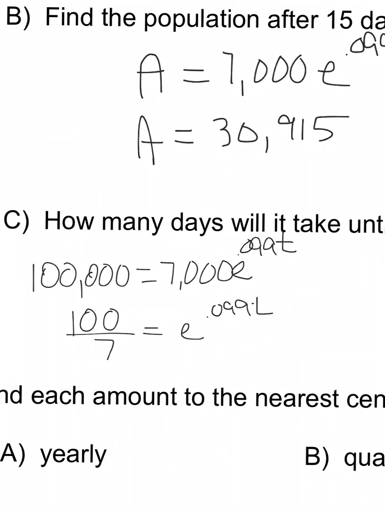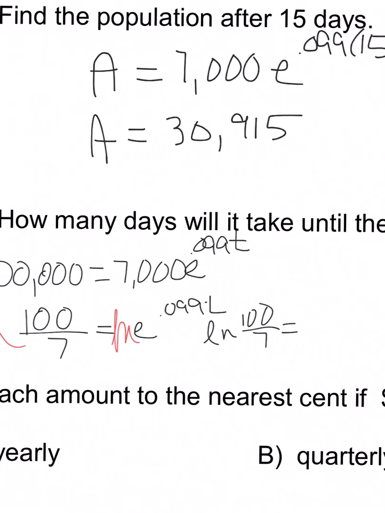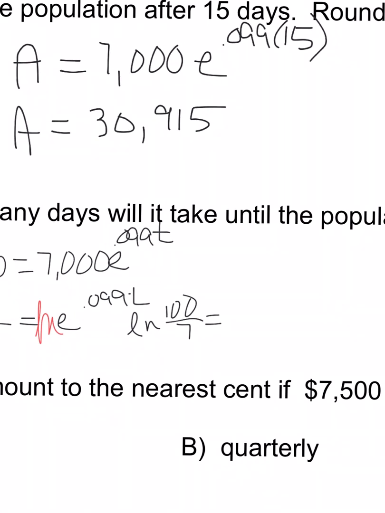And we have e^(0.099t). We're going to natural log both sides. And then you have natural log of 100 over 7 equals 0.099t. You have that natural log of e next to the t, but that has canceled out.